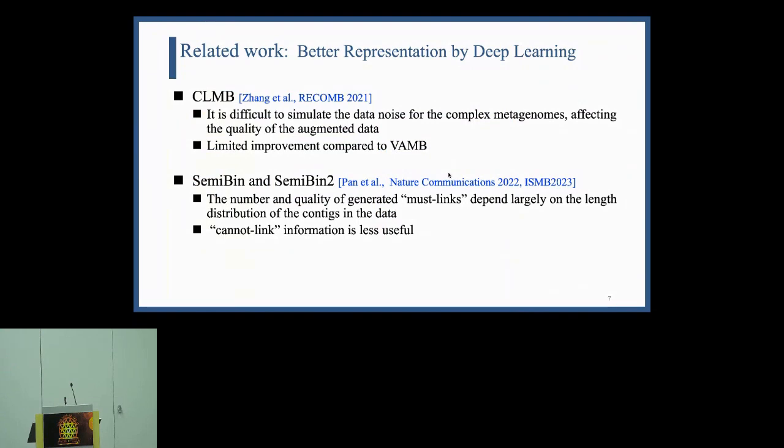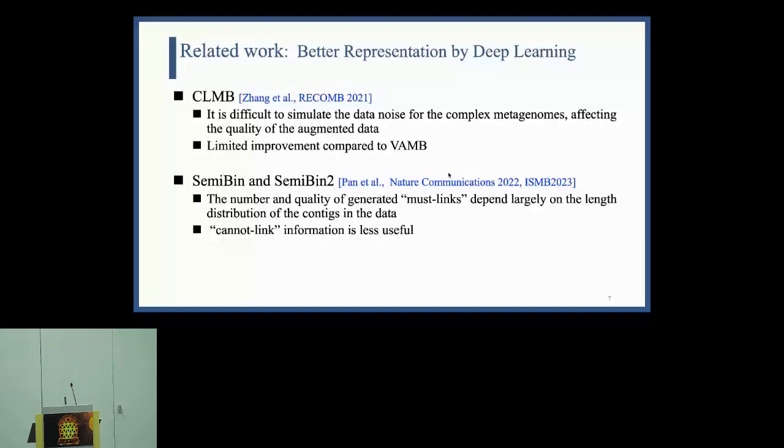To get a better representation by deep learning, there are two representative methods, CLMB and SemiBin. CLMB is a binning method that utilizes contrastive learning. Contrastive learning is a self-supervised learning technique used for learning an informative representation of the input data by bringing similar instances close together, while pushing dissimilar instances farther apart.